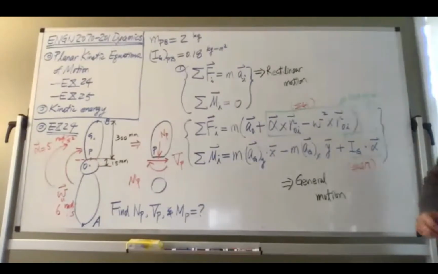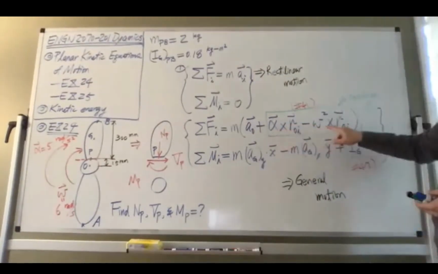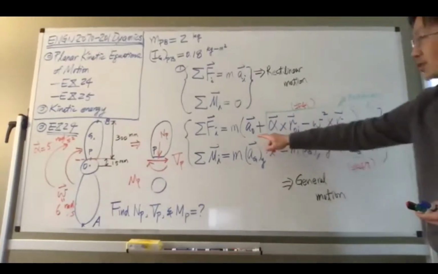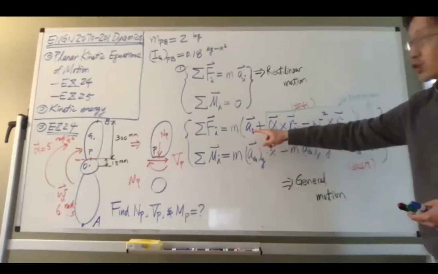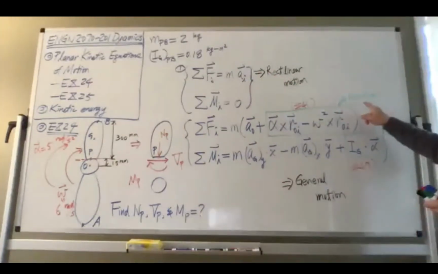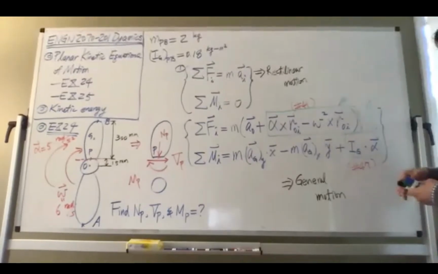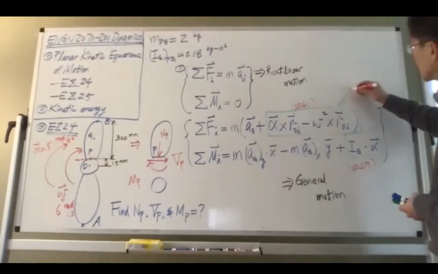Now you can see the difference. If you do not have any angular acceleration, you don't have any angular velocity, what happens to this? This would just go back to rectilinear motion because it's general motion. If you don't have rectilinear, this is actually not rectilinear, this is angular motion. I'm sorry. Made a mistake. This is angular motion.